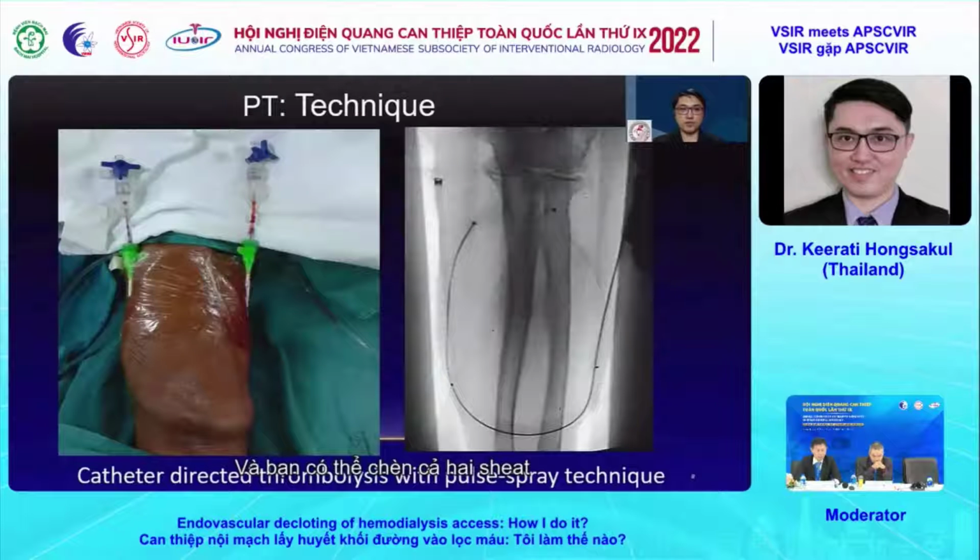And you can insert both sheaths into the arterial and the venous limb of the graft, and also you use the infusion catheter placed along the graft in the kiss technique, and use the pulse spray technique for the lysis of the clot.